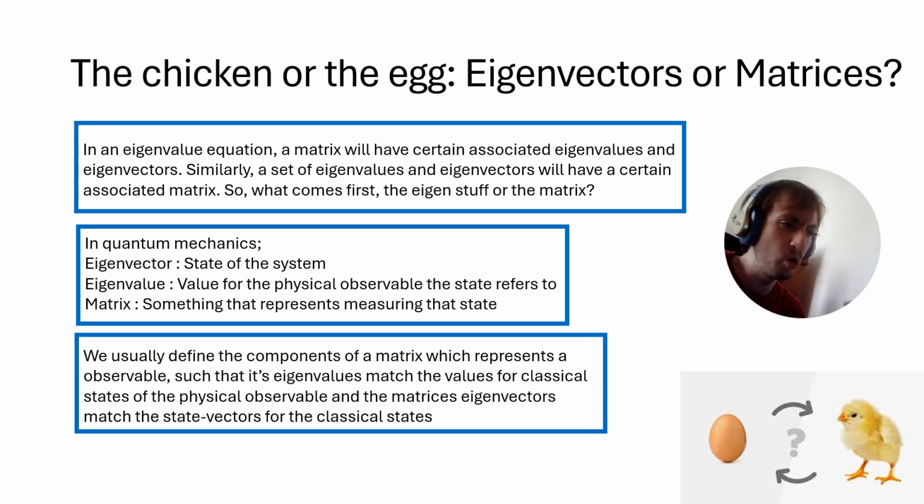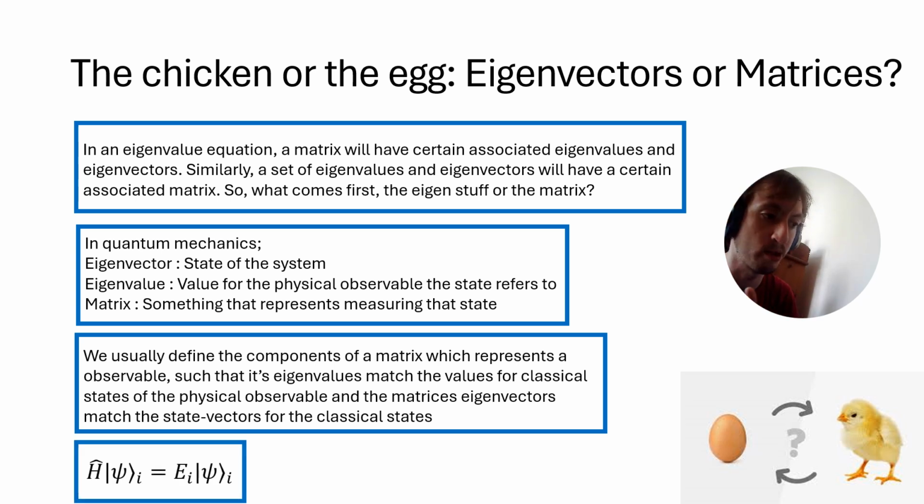So instead, it's a lot more physical and natural to think about, well, what state is the system in, and what values can I measure for its viable classical states that I can find it in. And therefore, physically, the idea of the eigenvalue and eigenvector is very well defined, and we actually use them to construct the matrix that represents the measurement of our observable that the state corresponds to.